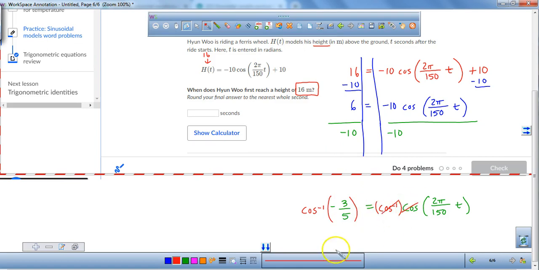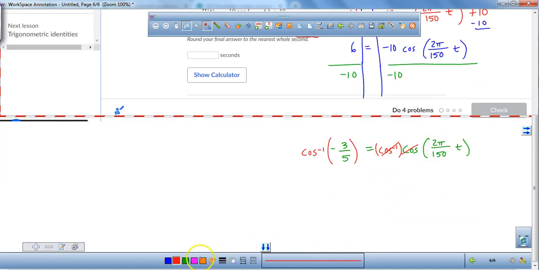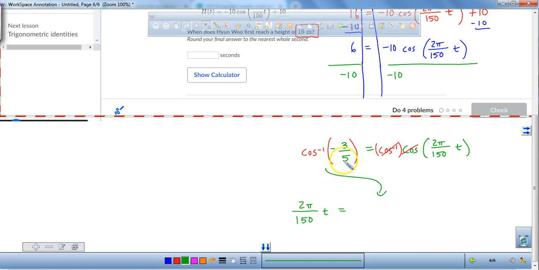And these will cancel each other out. So all we're left with now is 2 times pi all over 150 times t equals whatever value I get for the inverse of cosine of negative 3/5.